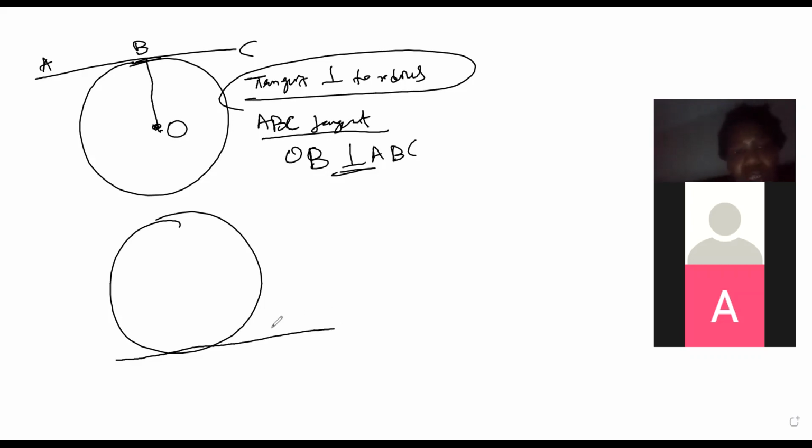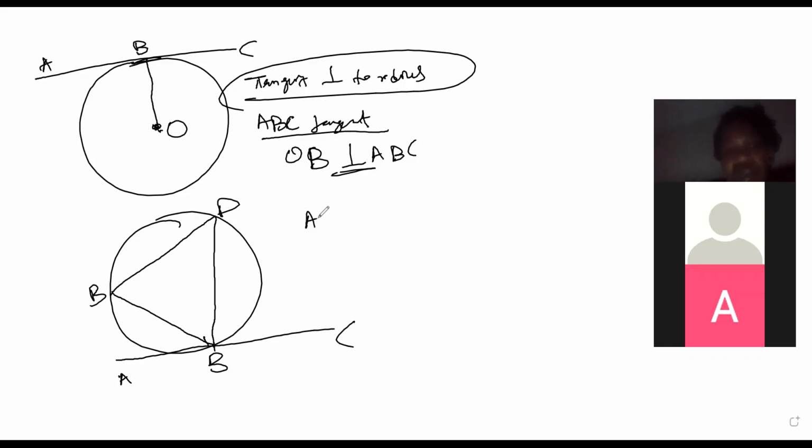We've got a chord here and a tangent. They tell you that this is a tangent, and you have a chord here.